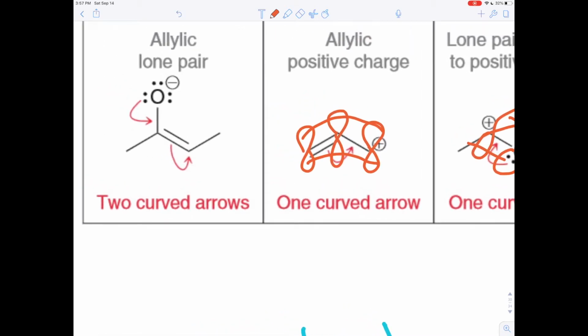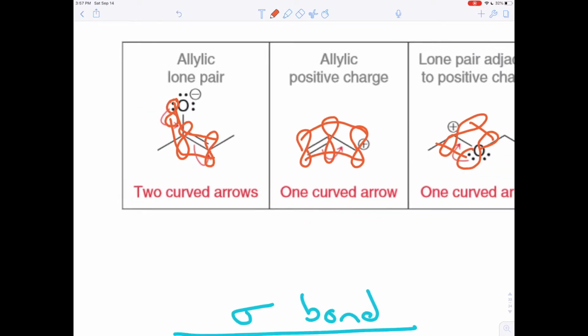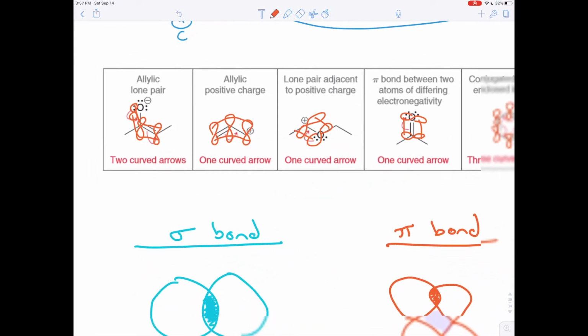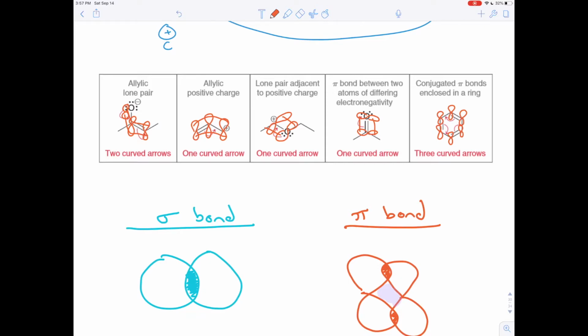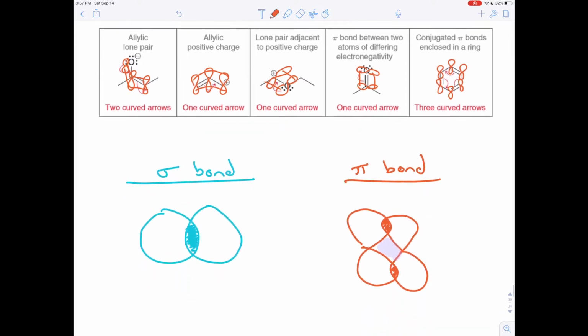And with the allylic lone pair, to have this pi bond, you'd need parallel p orbitals on these two carbons, and then one of these lone pairs can exist in a p orbital. So all three of these are parallel, and the pi bond spreads out over more atoms. So these resonance patterns are the different ways where you could have parallel p orbitals in succession.